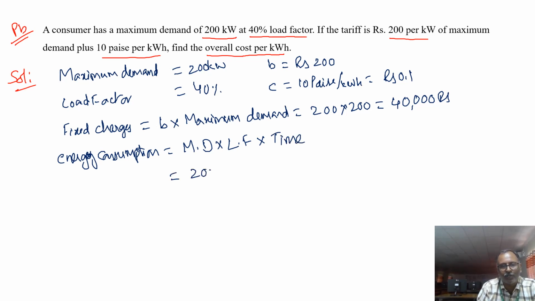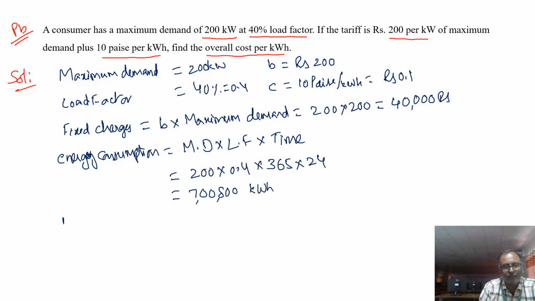Maximum demand is 200, load factor is 40%, 40% means it is 0.4, into time is, for a year we have 365 days, and for each day we have 24 hours. So it will give 7,00,800 kilowatt hours.